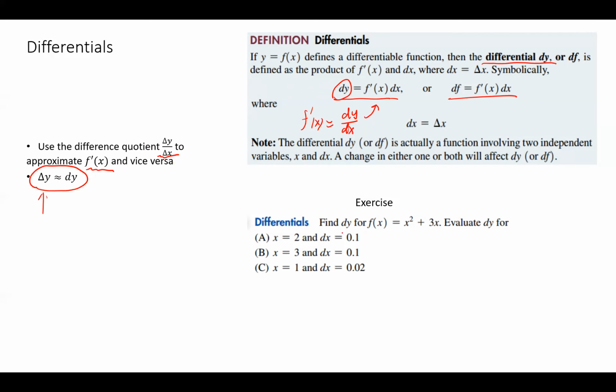To calculate this, we plug in the formula, calculate the derivative, then get a change in x, which is dx. This is most of the time given, and it represents how detailed the approximation is. Then we calculate dy based on the expression above.